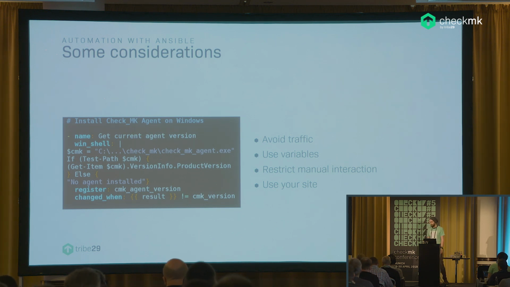And then last but not least, I think that could be a controversial topic, because this is not in line with the idea of Ansible, but you have to make sure that you're using your sites in order to get plugins, data, agents, and so on. I'm always a big fan of getting your data from the primary source and not a secondary source, you know?